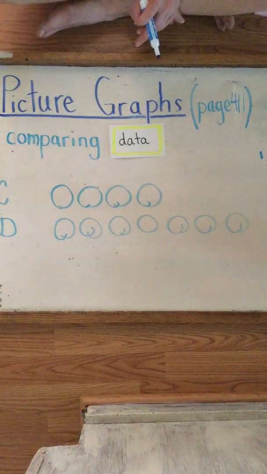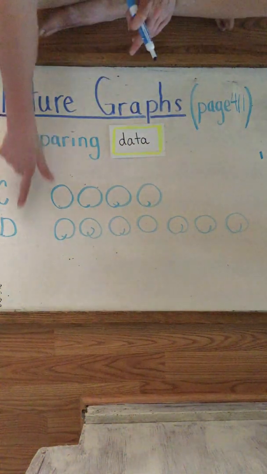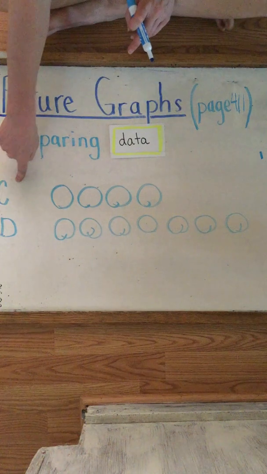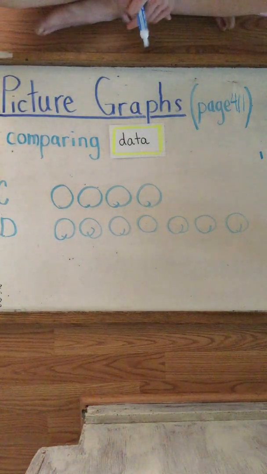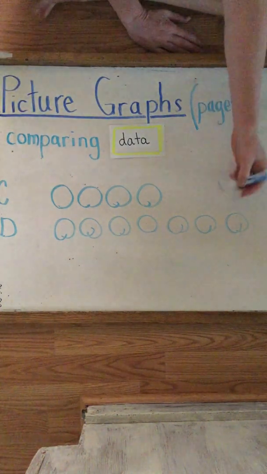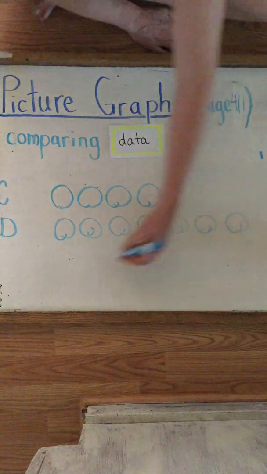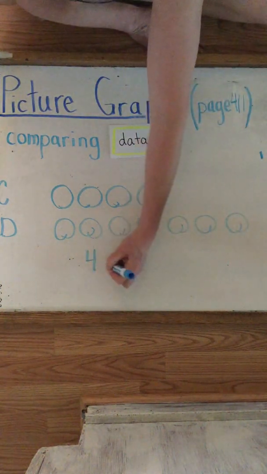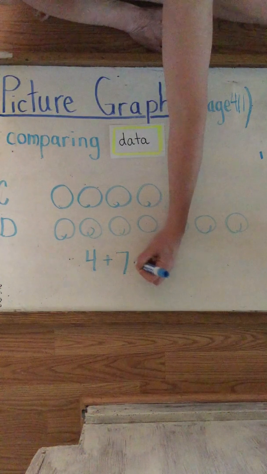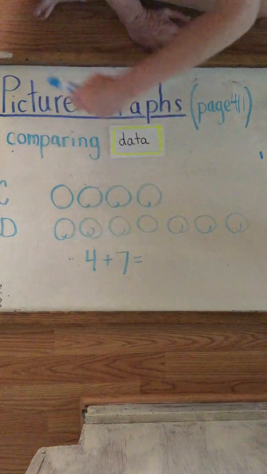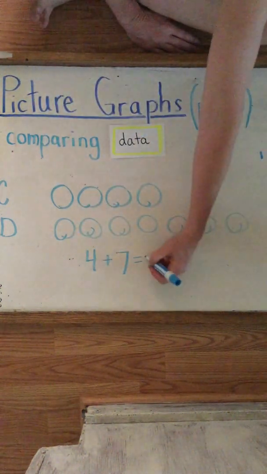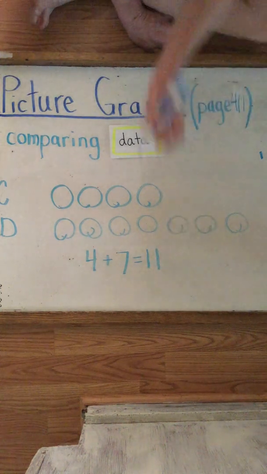So if they say, how many have dogs or cats? Well, that's an addition problem. So we could write 4 plus 7. And you know all the ways to figure out 4 plus 7. So once you figure it out, your answer would be 11.